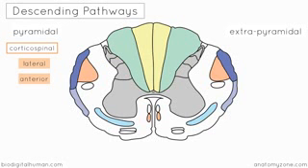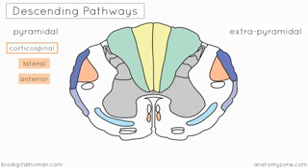So spinocerebellar starts in the spinal cord and projects to the cerebellum, and spinothalamic starts in the spinal cord and projects to the thalamus. So you know that they are ascending tracts. And now we've just talked about the corticospinal tract, which starts in the motor cortex and projects down into the spinal cord. So it's a descending tract. So there's always clues and hints in the names.